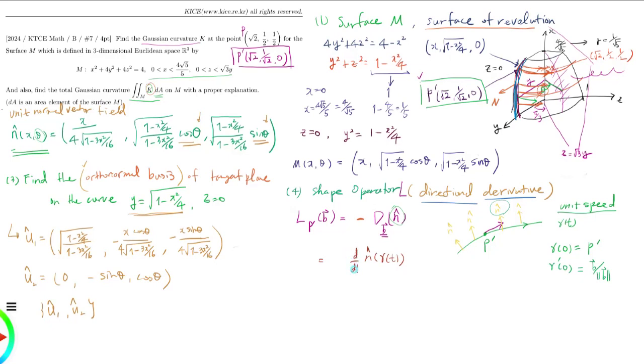We take a t derivative here and evaluate at t equals 0, and there is a minus sign here. Okay, so this is the meaning of the directional derivative.